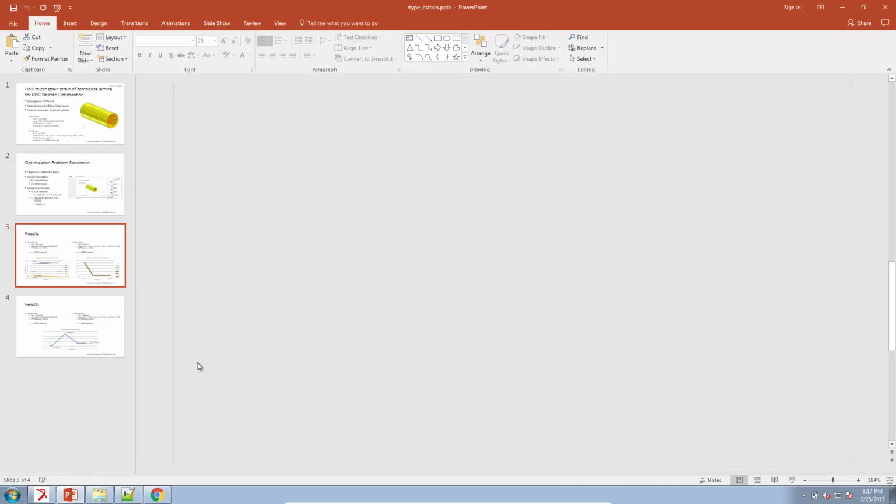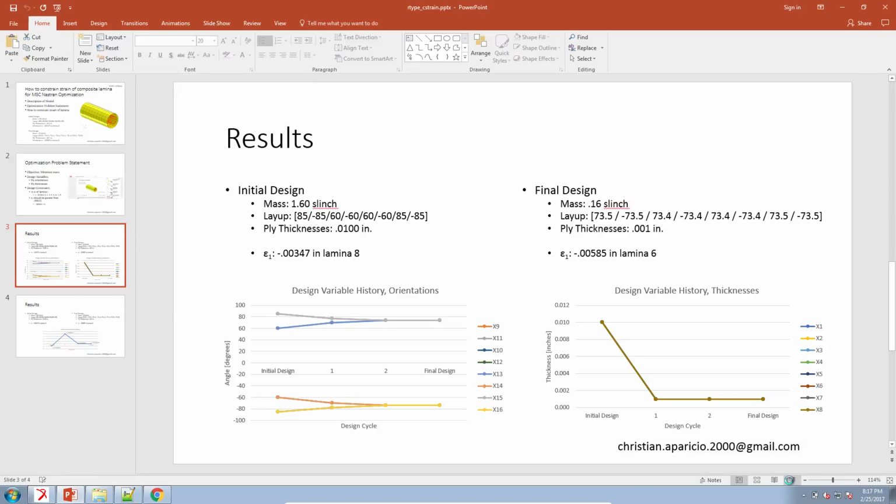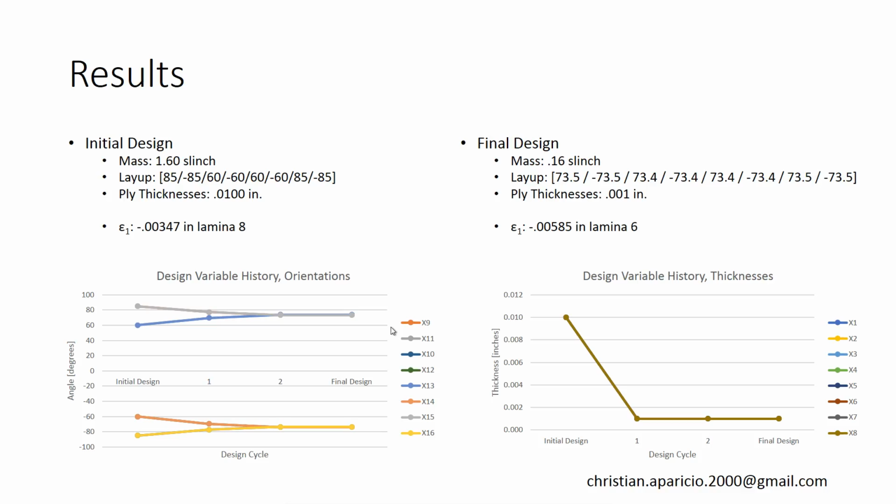So now let's go into more detail regarding the results. Here in this plot, bottom left-hand corner are the ply orientation angles after each design cycle. The initial analysis or initial design had ply angles of 85 and 60 degrees. You can see after the first design cycle, it actually modified some of the orientation angles. But here is the more significant thing that happened.